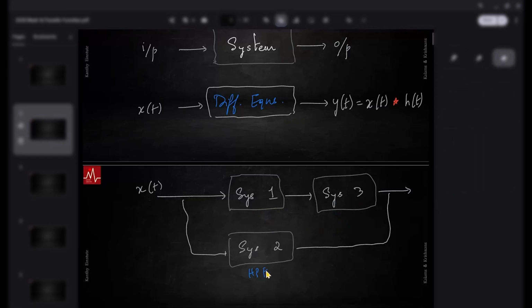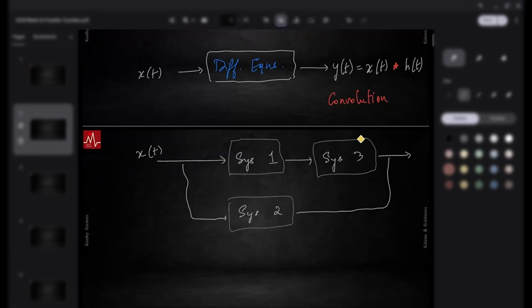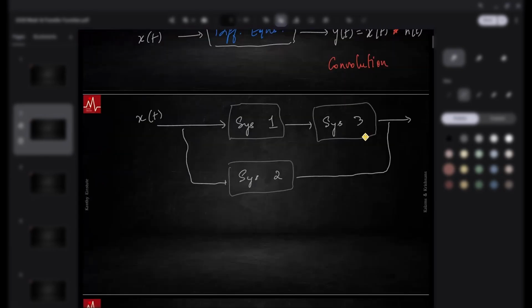So convolution is extremely inconvenient. In fact, notice the convolution is an important component of artificial intelligence. Okay, convolution operation.